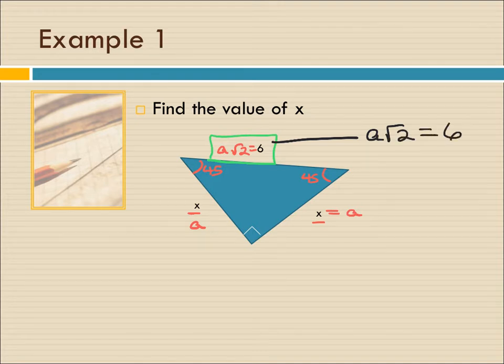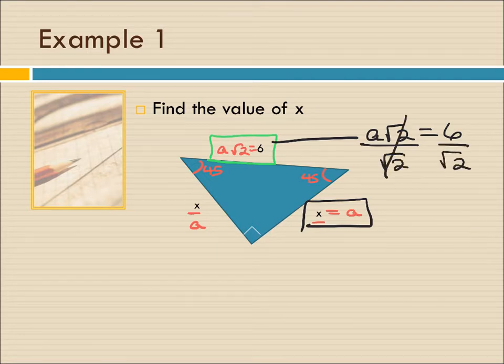So A square root 2 equals 6. I need to isolate A because that's what I'm looking for. So I'm going to divide both sides by the square root of 2. This will cancel. And now A is equal to 6 over the square root of 2.